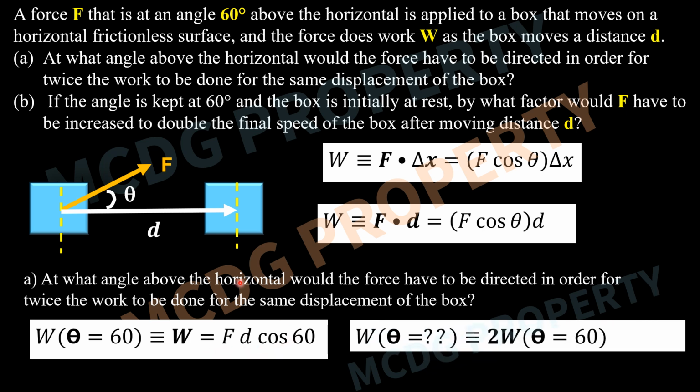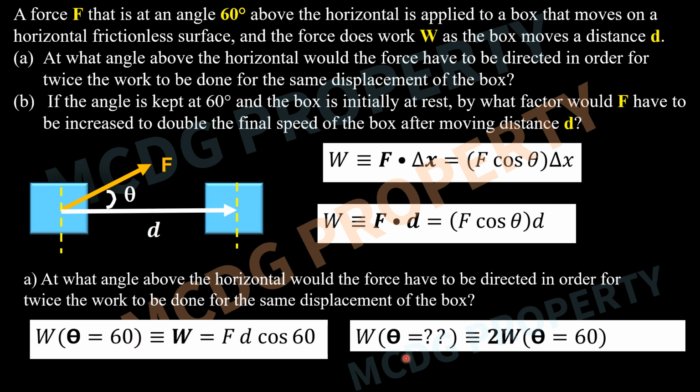Now you're being asked to find what is the angle theta that the force F makes with the direction of motion of the block in such a way that the work done by the force F will be twice the work done when theta is equal to 60 degrees, and for the same displacement d.